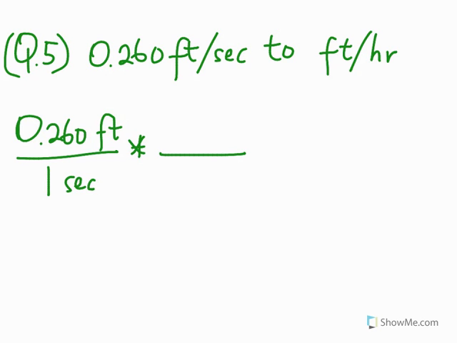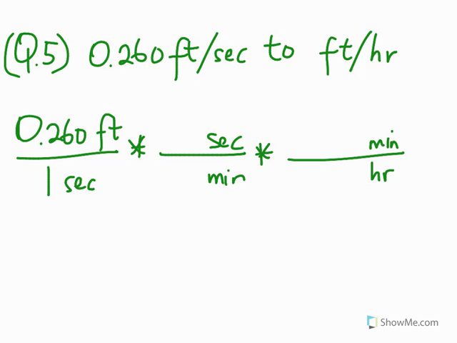If we don't want to go directly from seconds to hours, then we can pass through minutes: seconds to minutes, then minutes to hours. So we set it up this way so that seconds will cancel seconds and minutes will cancel minutes.